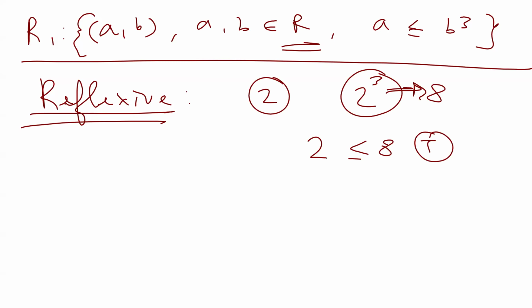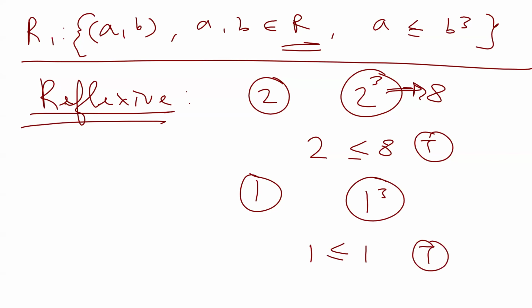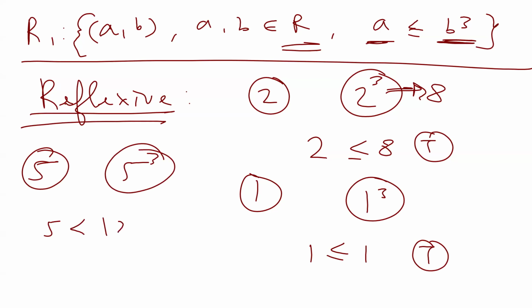Let's take 1. 1 is less than or equal to b cube, where b is a itself, so 1 cube, which is 1. So 1 is less than or equal to 1, that is also true. Let's take 5. 5 cube is 125, so 5 is less than or equal to 125. This is also true.